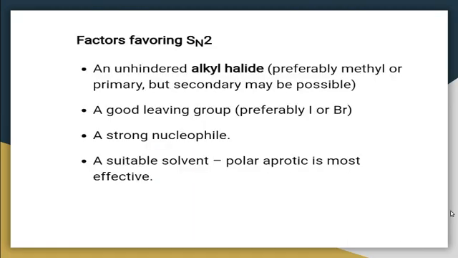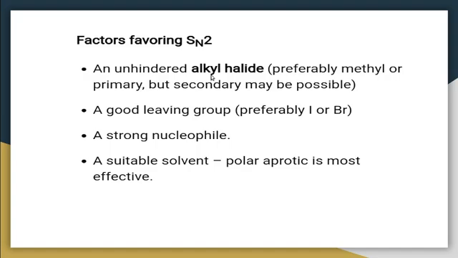So far we discussed the factors that affect SN2 reactivity. So what are the factors favoring SN2 reaction? An unhindered alkyl halide, preferably methyl or primary, but secondary may be possible. Usually a methyl alkyl halide or any primary or sometimes secondary alkyl halide favors SN2 reaction, because SN2 reaction involves the backside attack of the incoming nucleophile.